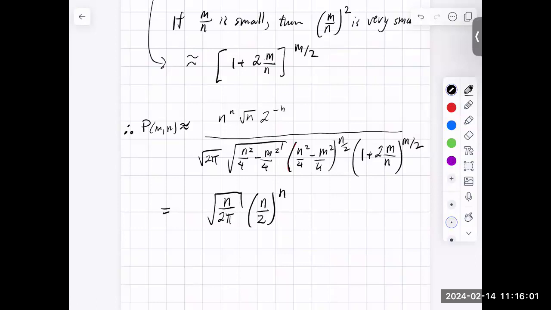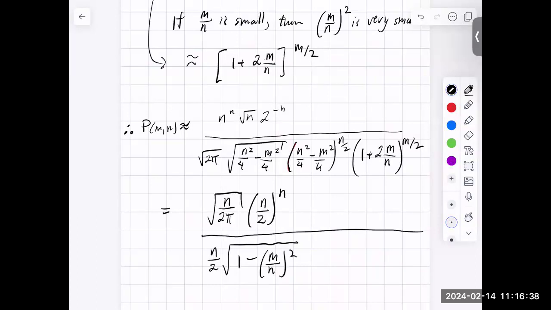Then divide by, we've taken care of the square root 2 pi. I'm going to factor out an n squared over 4 and take it out of the square root. That's going to give me an n over 2, and then I'll have a square root of 1 minus, when I factor out the 4, I'm going to take this one with it, but now I'm going to get minus m over n squared.